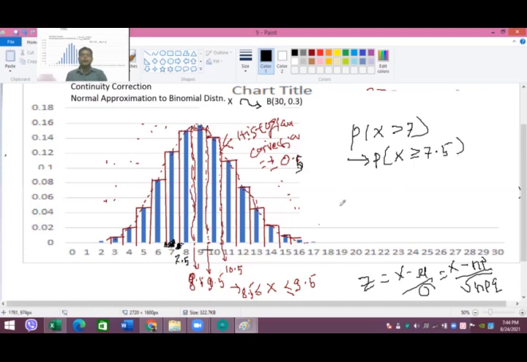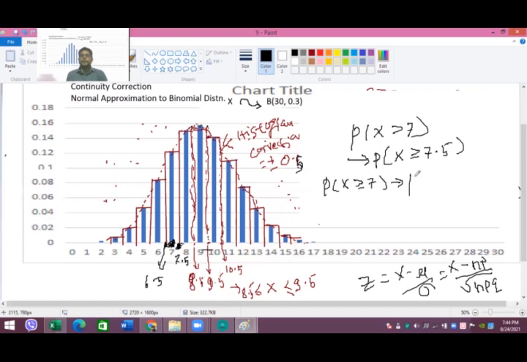Similarly, if you want to find the probability of x greater or equal to 7, then 7 is itself at the discrete point, but it should include 7 because of the equal sign. Therefore the first value at the continuous point that also includes 7 is 6.5.